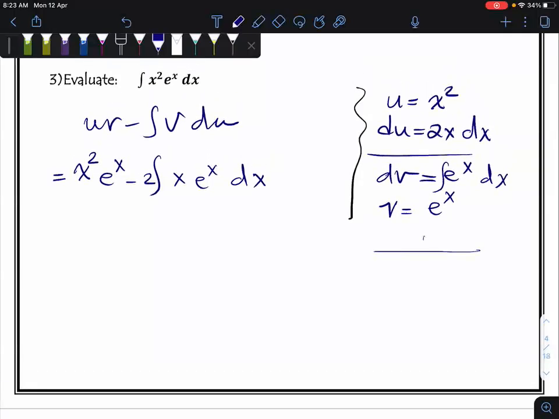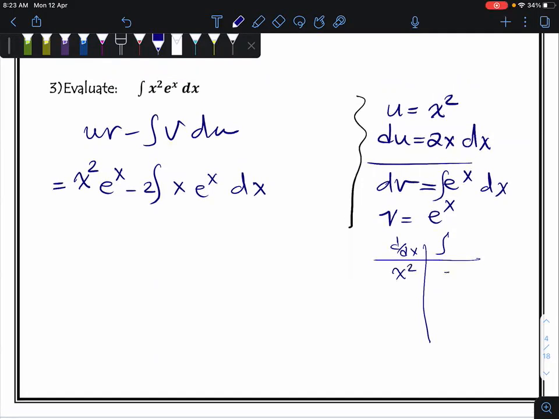So we can make a table, guys. The table is d over dx, and here the integral. From the beginning, write x squared here and e to the power of x here. In the first column, differentiate until you get 0. In the other column, integrate, and the integral of e to the power of x is the same.